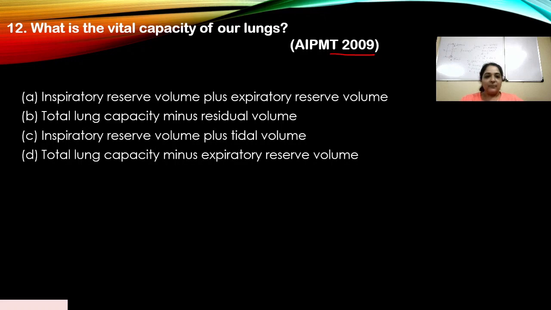B, total lung capacity minus residual volume. That could be the right answer, yes. C, inspiratory reserve volume plus tidal volume. No. D, total lung capacity minus expiratory reserve volume. So B is the right answer: total lung capacity minus residual volume.